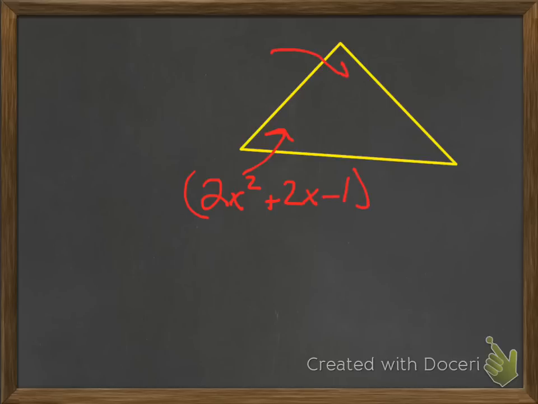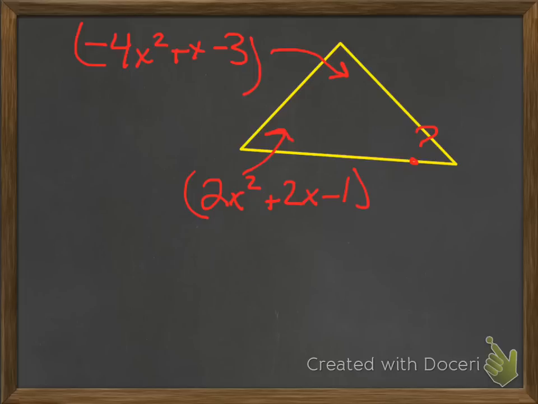And this angle is negative 4x squared plus x minus 3. And we want to know what this angle is right here. So go ahead and pause the video and work that one out. Set it up with a 180 minus whatever you're doing, and then come back and check.